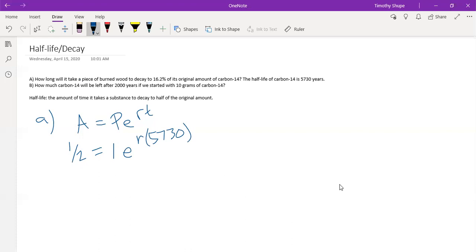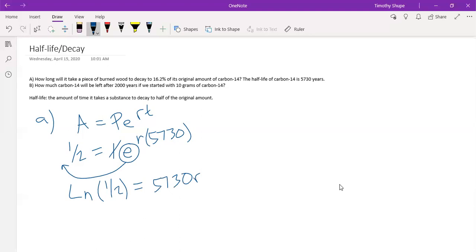Now, to continue solving this, I'm going to divide off the 1, which isn't going to change anything, and then take the natural log to get rid of the e. So the 1 doesn't do anything for us here, but then I'm going to take this e and bring it over to the opposite side as a natural log, which is a log with a base e, of 1/2 equals 5,730 times the rate.